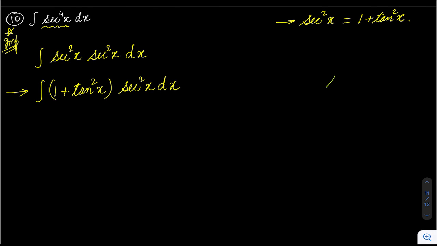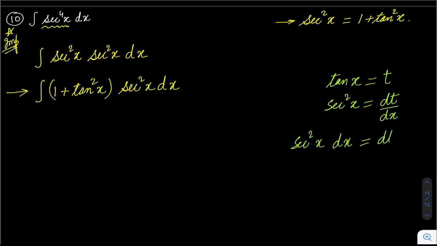So let's use tan x as some new variable, let's say t. So secant square x is equal to dt over dx, and secant square x dx is nothing but dt. So my integration is 1 plus t square dt.